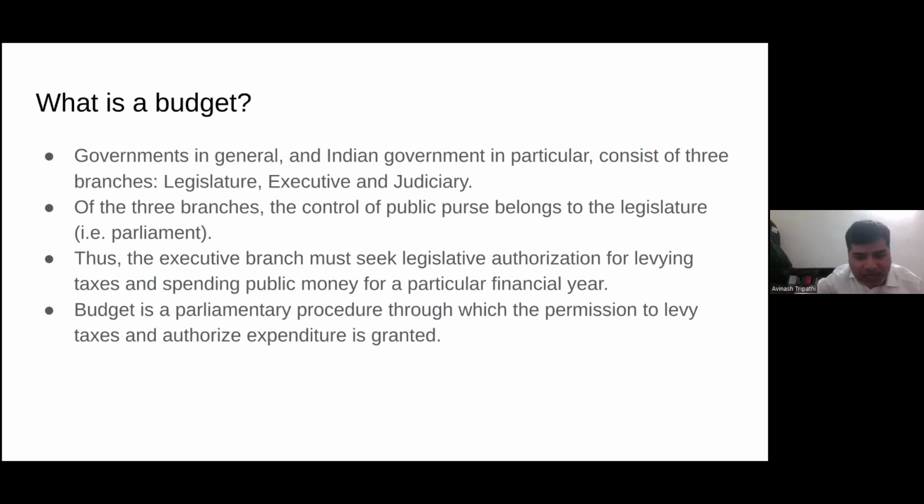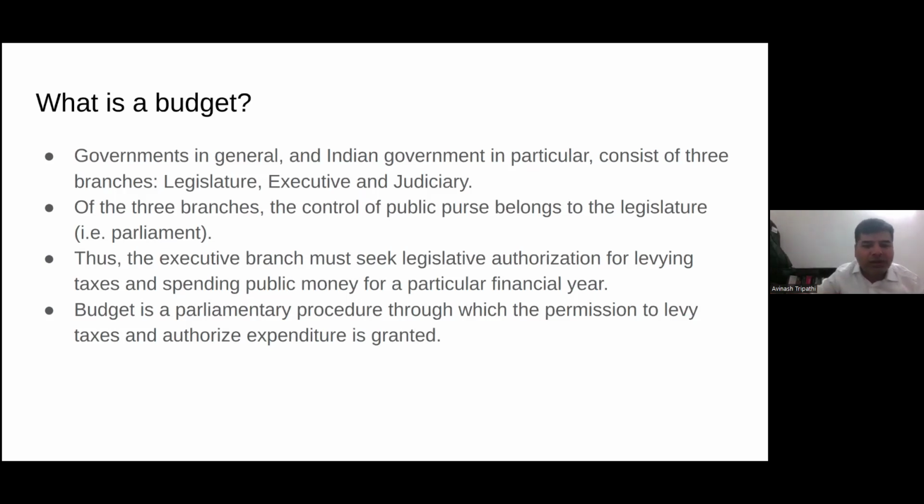A tax doesn't work like that. Whenever you are making a payment, the government does not promise or guarantee anything in return. There is no quid pro quo involved. So that is what a tax is. Number one, it has to be compulsory, and number two, there is no quid pro quo involved in making a tax payment.